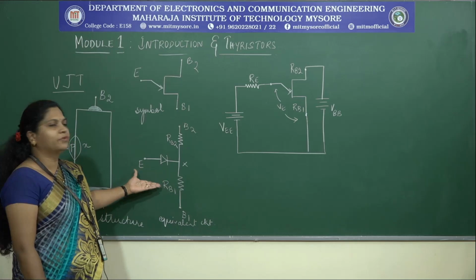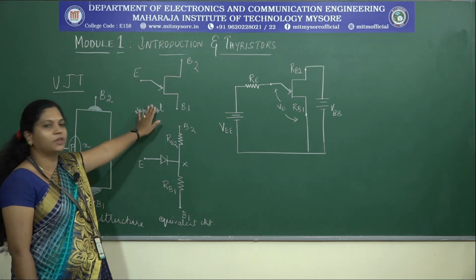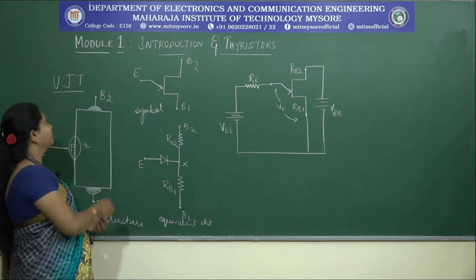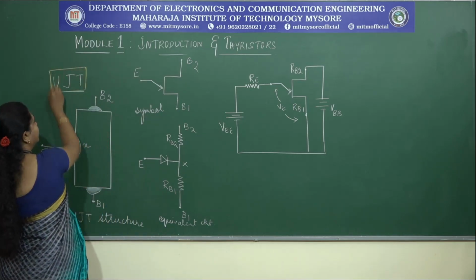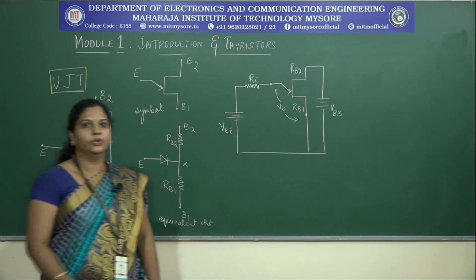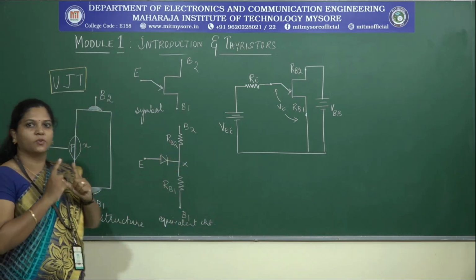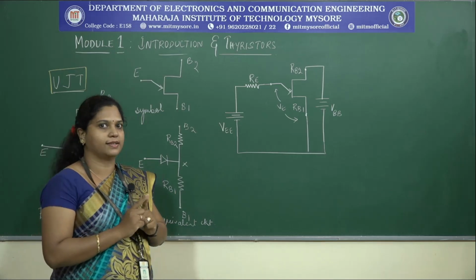So, the next type of triggering circuit makes use of a device known as a UJT, the unijunction transistor. Uni means it is a single junction transistor.